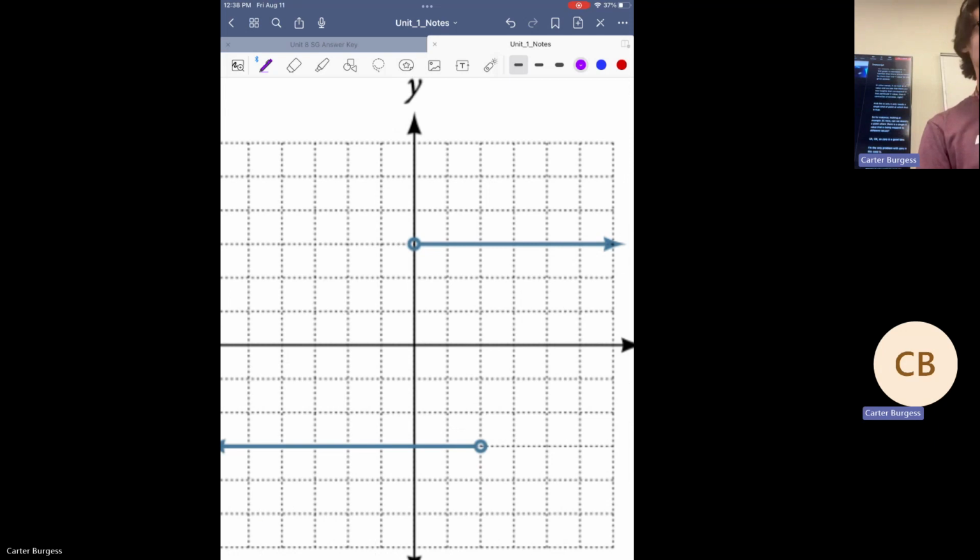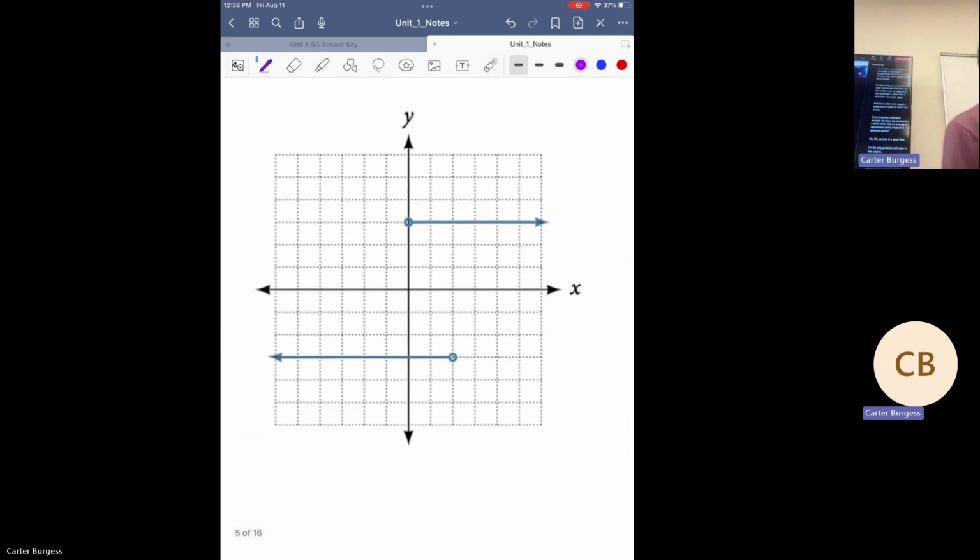So is there an x value, looking at example 3C, where we see one x value being used for multiple y values? Yes, Emily. 1. Yeah, 1 is a really good example here. Notice that if we were to draw a vertical line straight down from x equals 1, we would intersect our graph at two different locations, more than one.